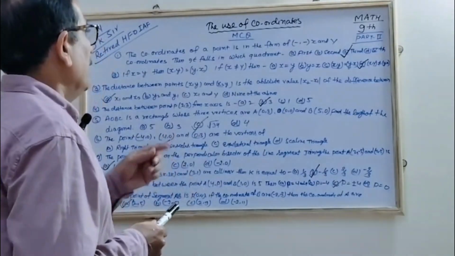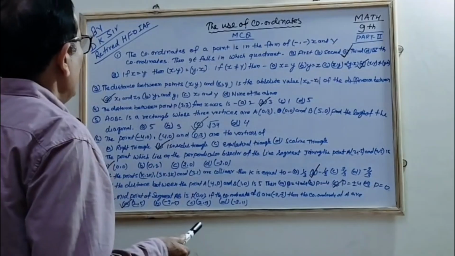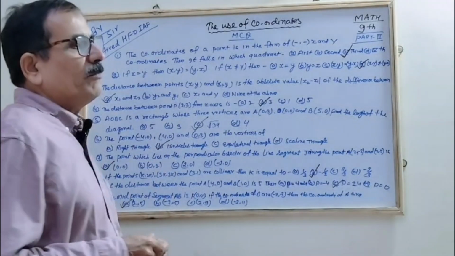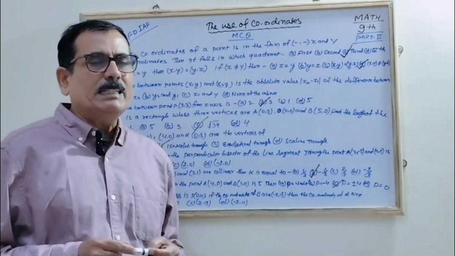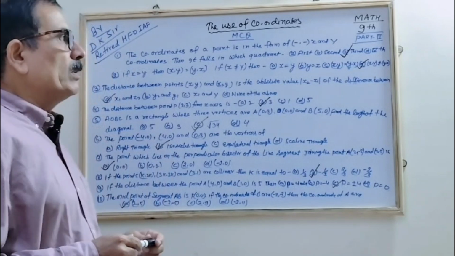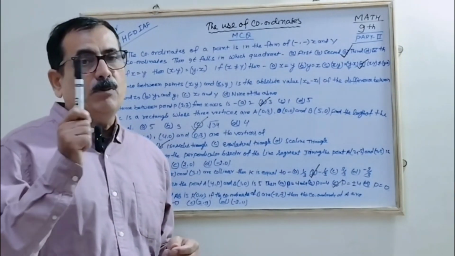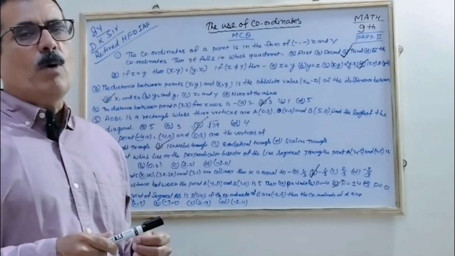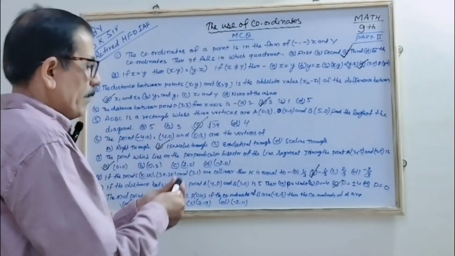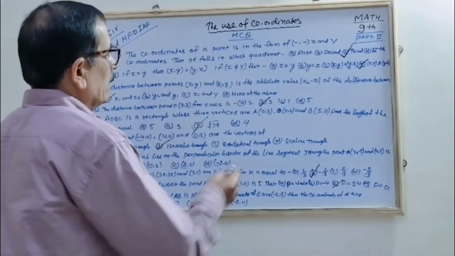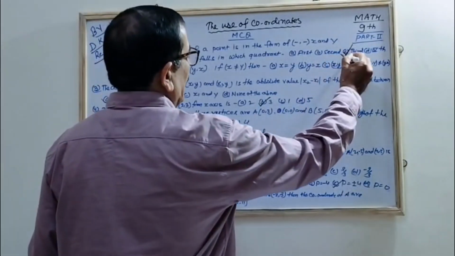So here it's minus and minus. We are well aware that in the first quadrant both are positive, in the second x is negative and y is positive, and the third is the only one where the x and y coordinates will both be minus. Correct? So the third is the correct answer.